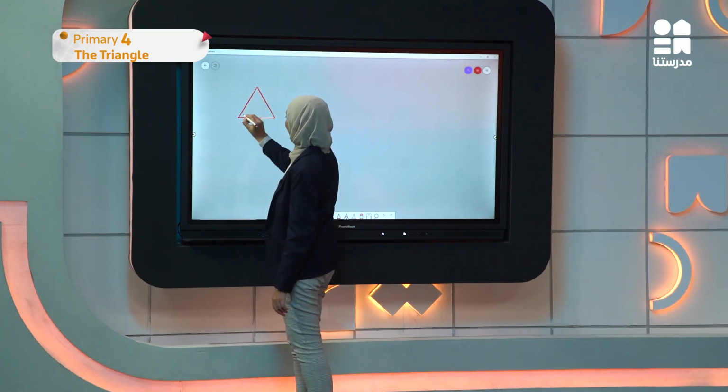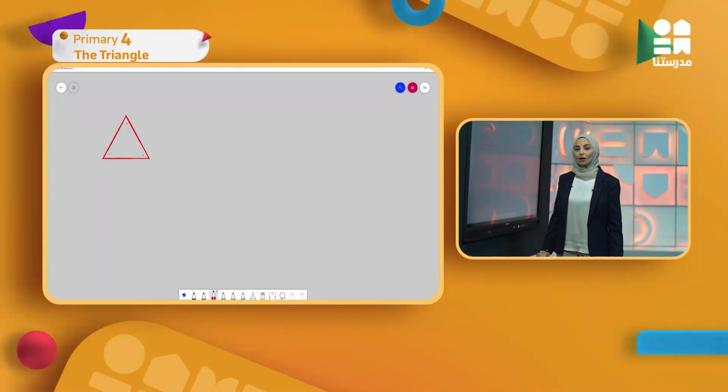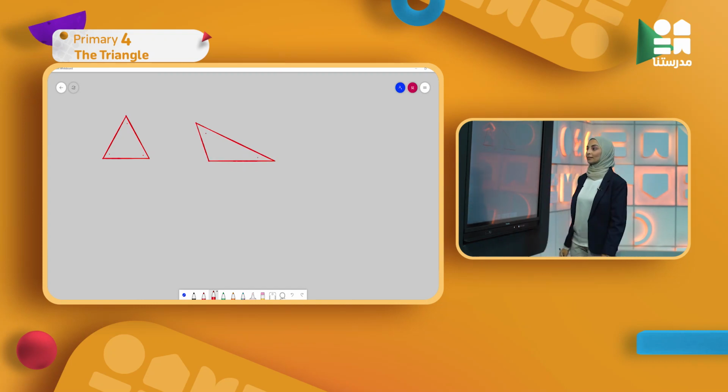These are three acute angles. Second type is obtuse angled triangle. What is obtuse angle triangle? It is formed from one obtuse angle only, and the other two angles must be acute angles.